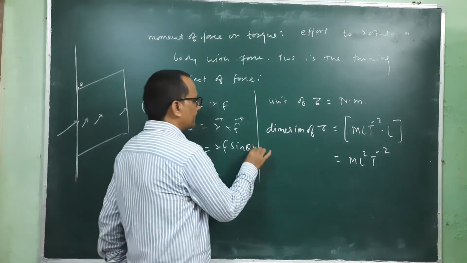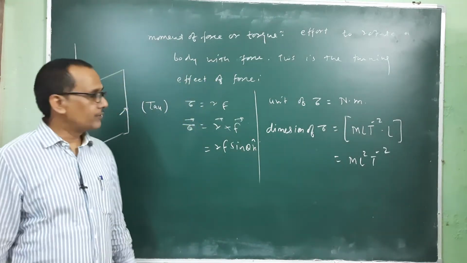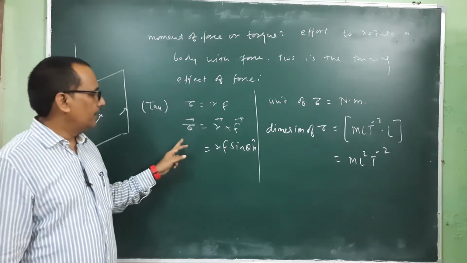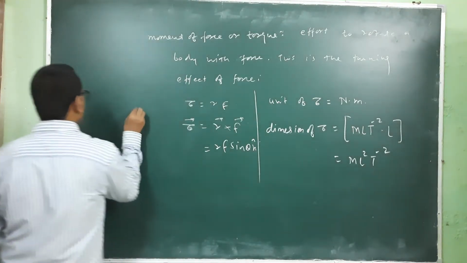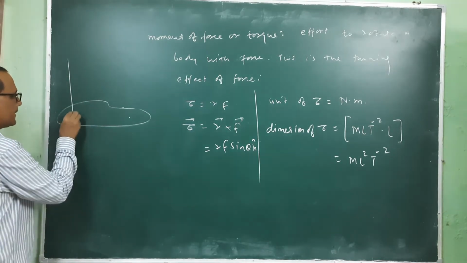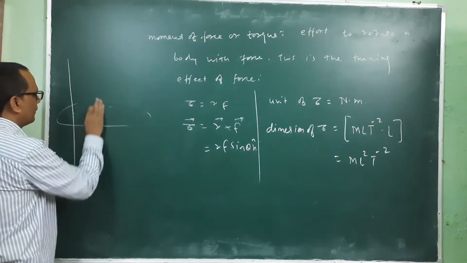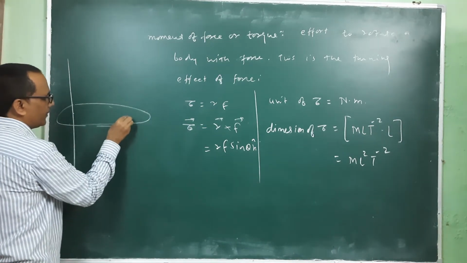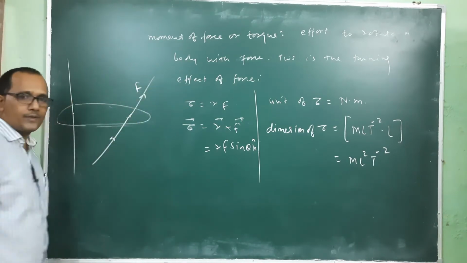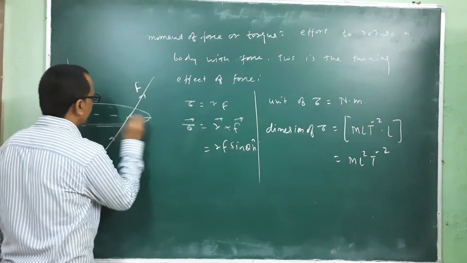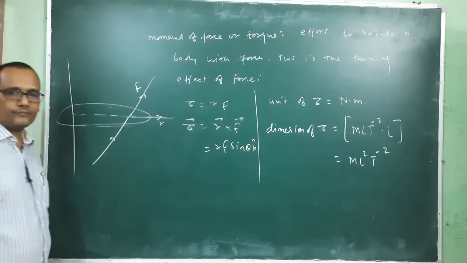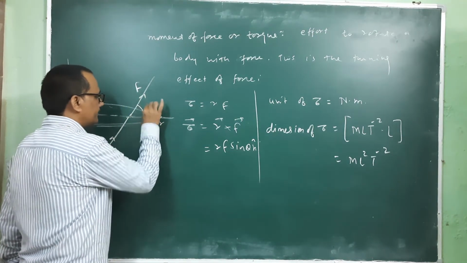with that n cap. This n cap is the direction of this tau, which will be perpendicular to R and F. Again, we will use the same rule. So if this is that linear object, and this is that axis, and we want to apply the force like this, this is the force applied, this is the direction of R, and this angle is theta.